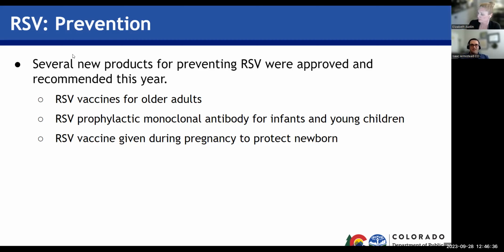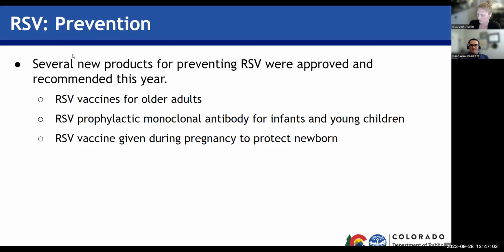And this year we've had a real explosion in prevention products for RSV over the course of the last few months. So I'm excited to talk about these and help to increase awareness about these products generally, but also in particular ones that might be applicable in this correctional setting.